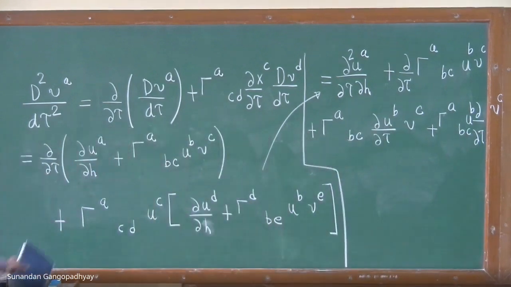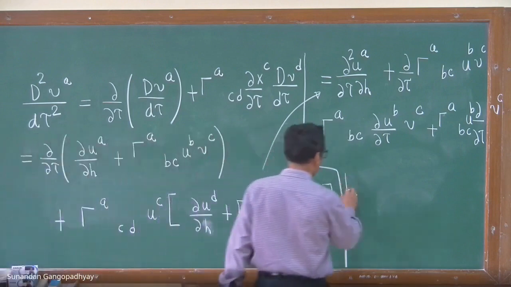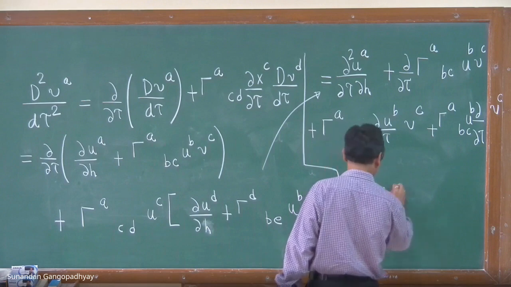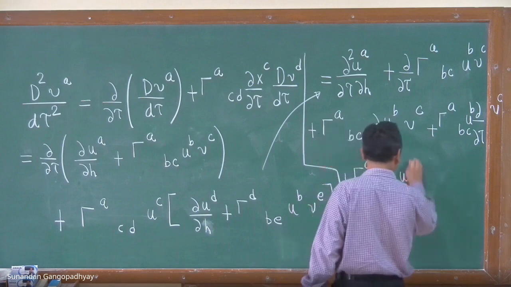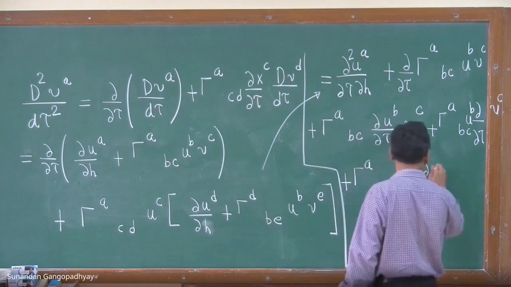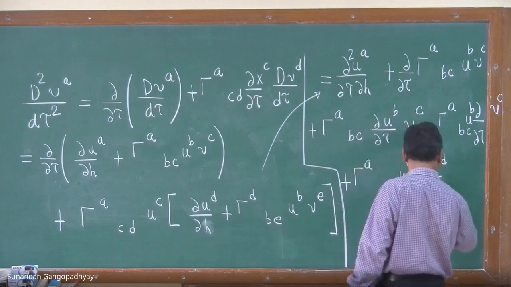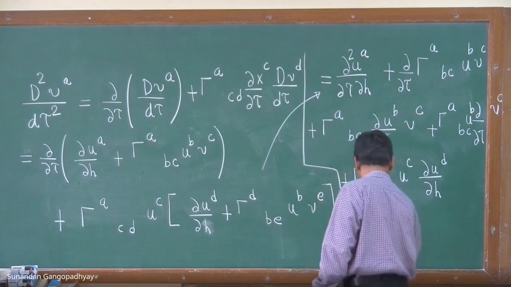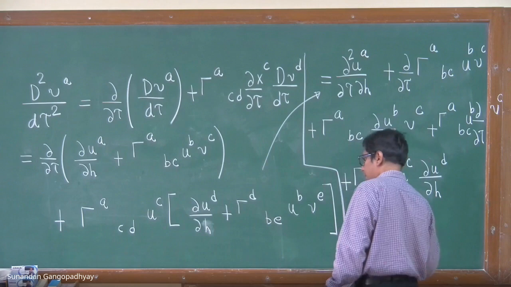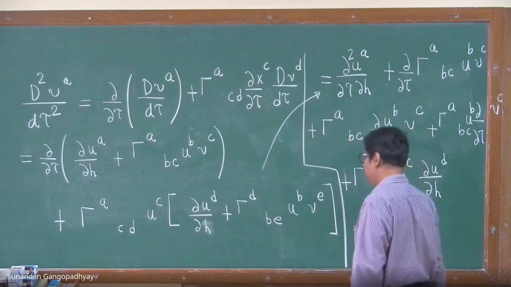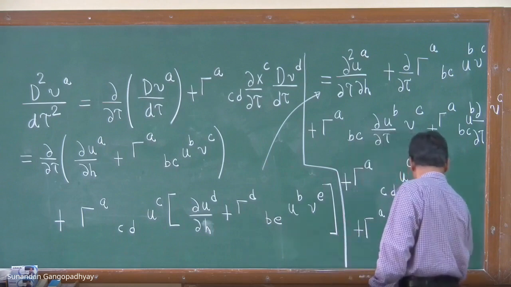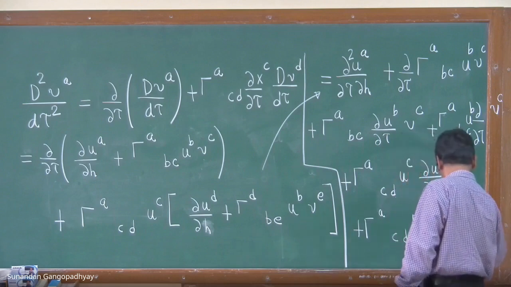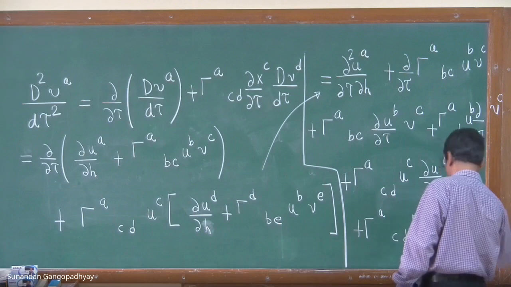Okay. And then we just multiply these two terms. We get two more terms, gamma^A_C del U^C del h plus gamma^A_DD multiplied by gamma^D_DE U^C U^D.